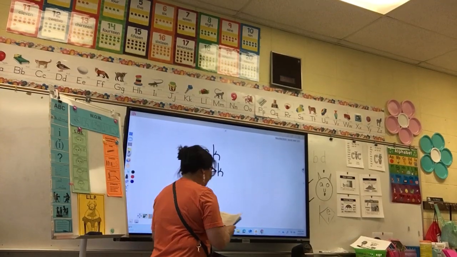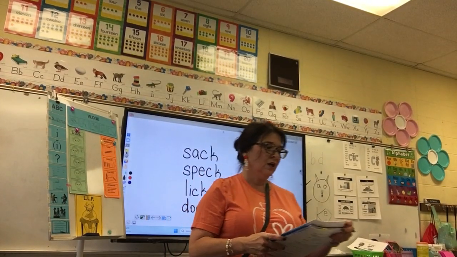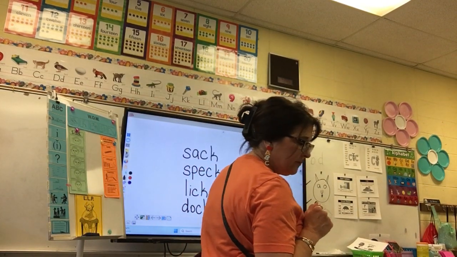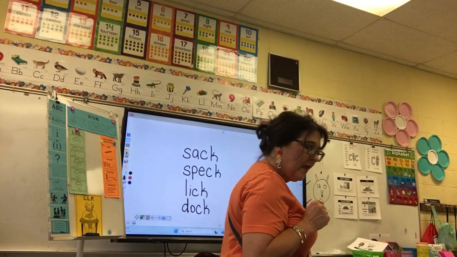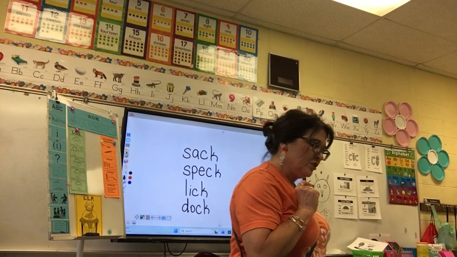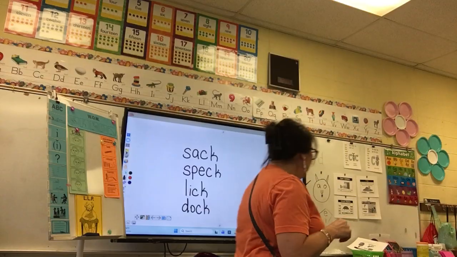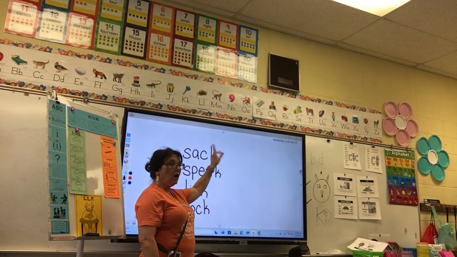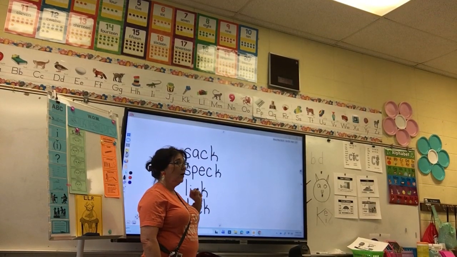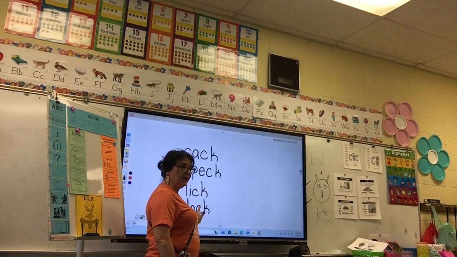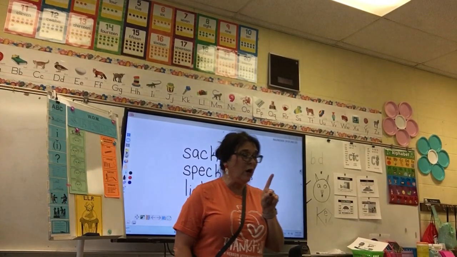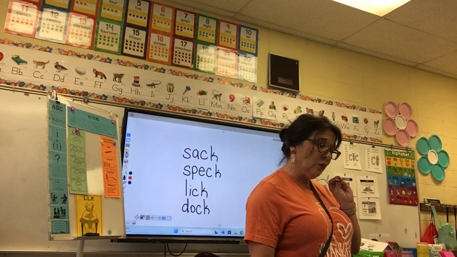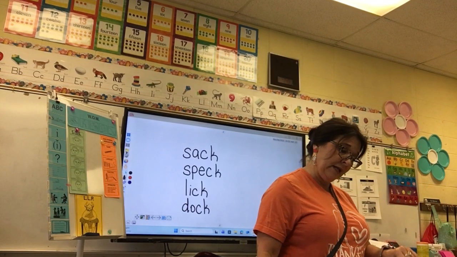Okay, so what do you see that's the same in all of these? Okay, you see that CK, and where do you see it? At the end. Okay, so when the sound is spelled this way, it's going to be when it's in the final position of a word, a one-syllable word with a short vowel sound. So if you have a one-syllable word with a short vowel sound that says k at the end, you are going to use CK, okay?